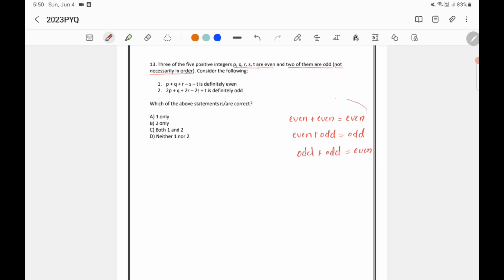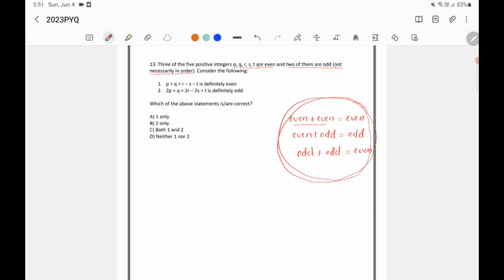So this you need to understand very well. This is also the same for subtraction as well. I have given addition here, but for subtraction also it's the same: even minus even will be even, even minus odd will be odd, odd minus odd will be even.